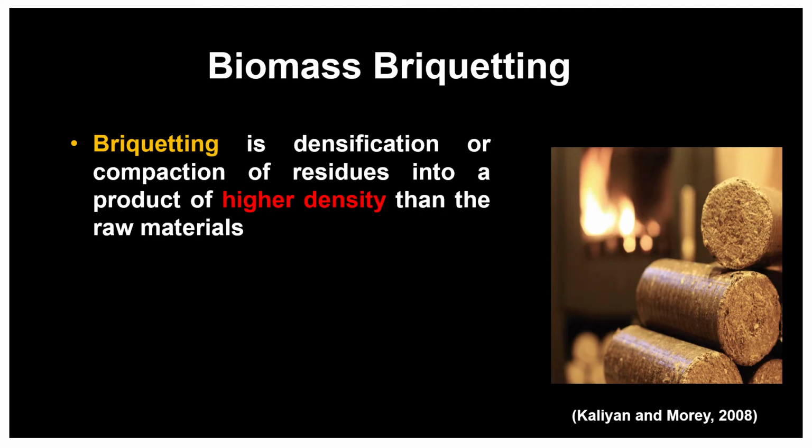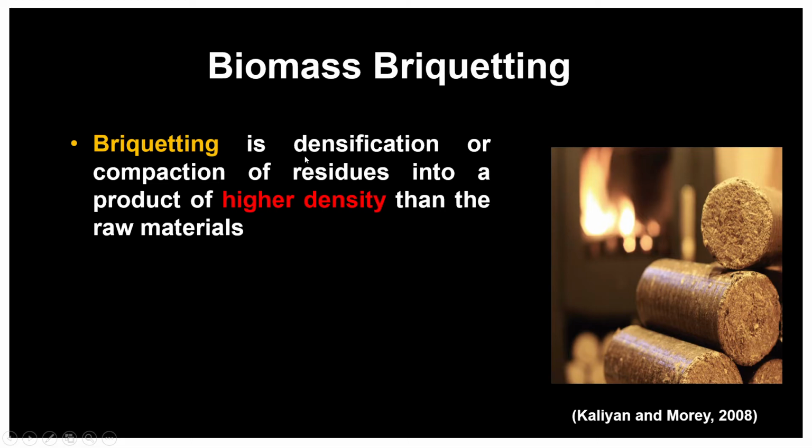If we compress it together, it will compact, the air and voids will be removed, and it will form a compact form. That will be easy for handling, will have more energy density, and is convenient to store and transport. That form after densification is called a biomass briquette.